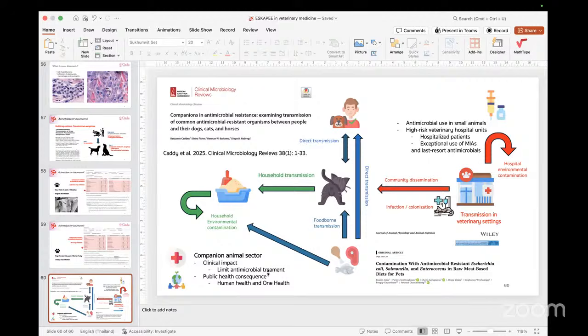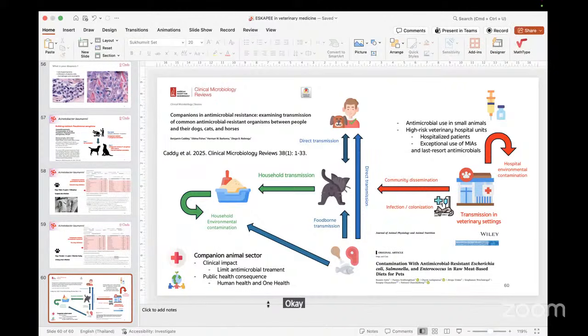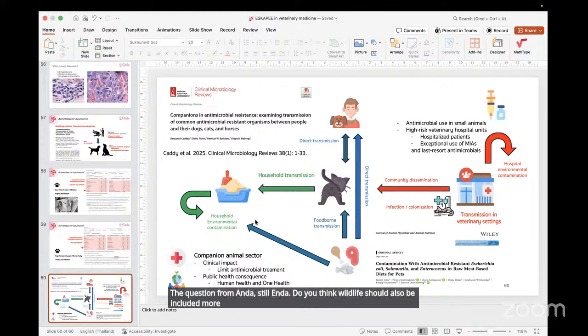You can answer. Okay. So sorry, Shruti, I cannot hear the second question clearly. Would you repeat it? The question from Enda, still Enda. Do you think wildlife should also be included more actively in AMR surveillance programs?